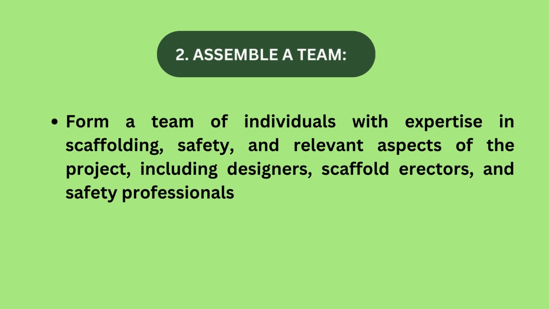Second step is assemble a team. Form a team of individuals with expertise in scaffolding, safety, and relevant aspects of the project, including designers, scaffold erectors, and safety professionals. Then third step is identify hazards.